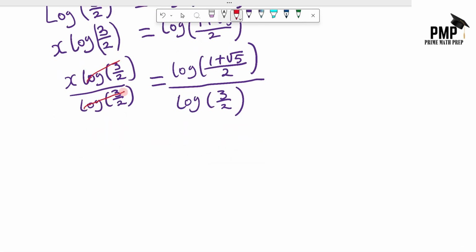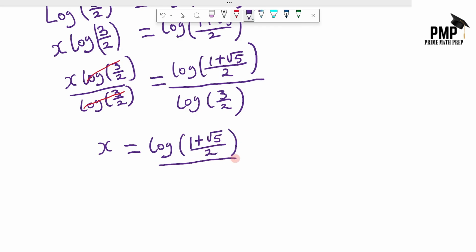This will cancel out this. We will now have x equal to log (1 + √5)/2 divided by log (3/2).